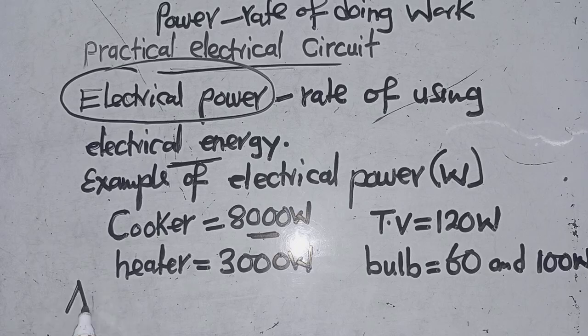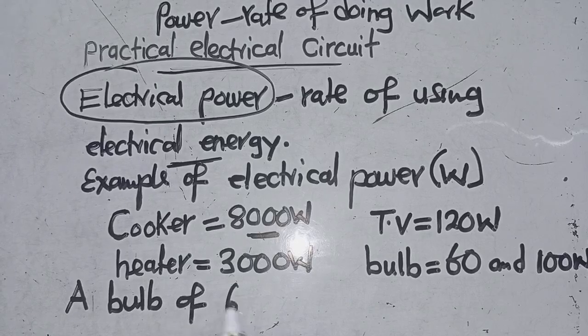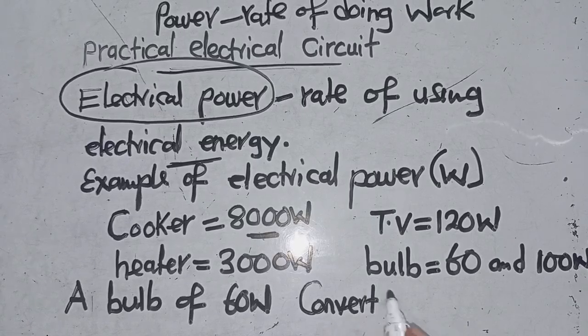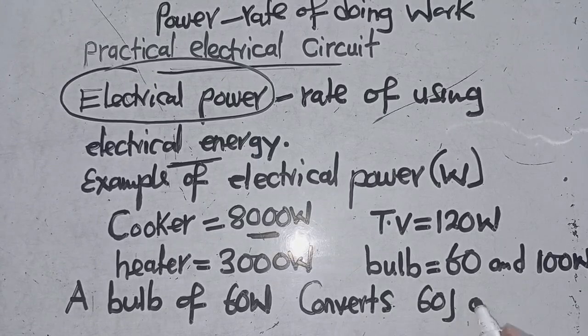So a bulb of 60 watts converts what? It converts 60 joules of electric energy.